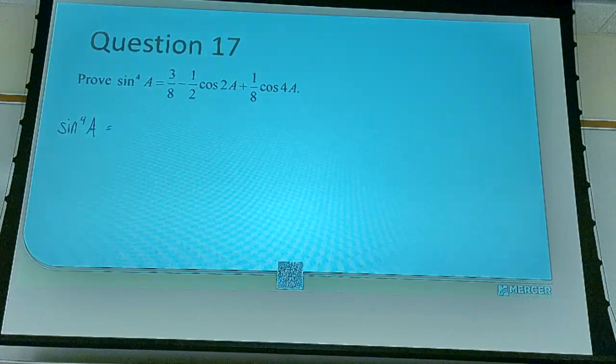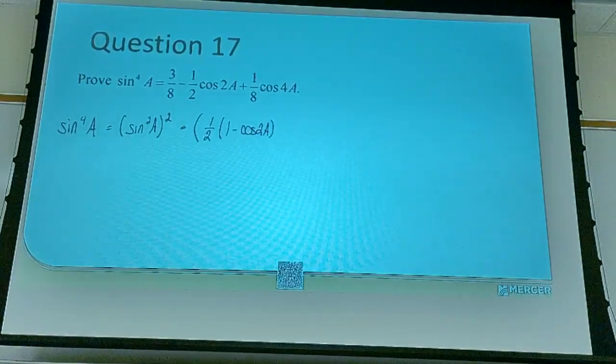Sine to the fourth of a. We can write that as sine squared of a, all squared, right? Sine squared, though, is 1 minus cosine of 2a all over 2, or a half of 1 minus cosine 2a.